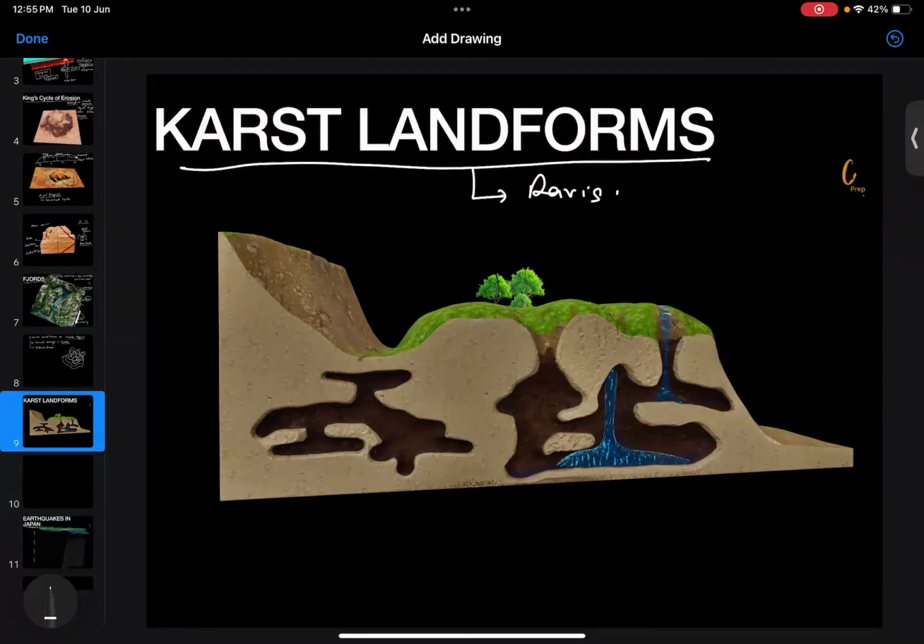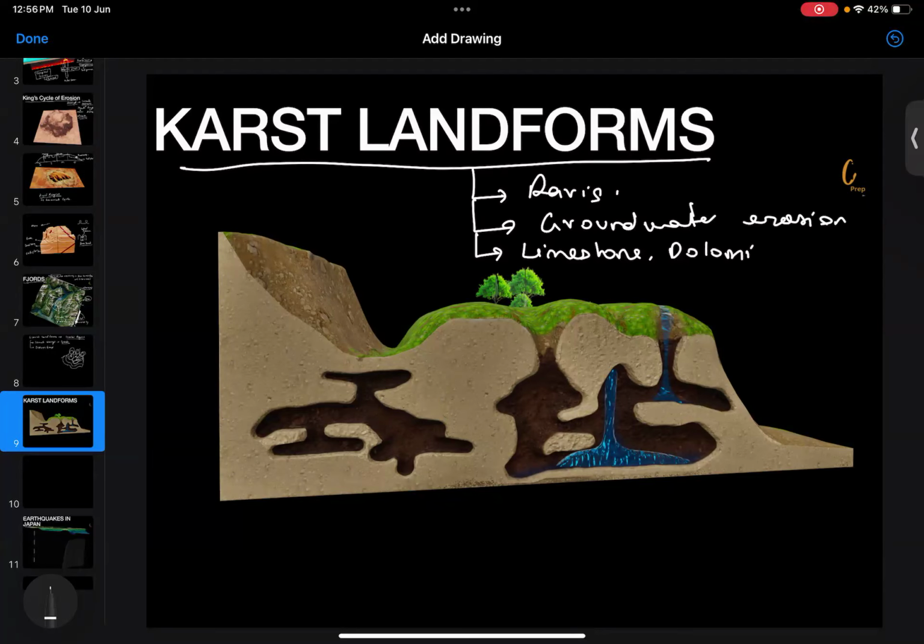Now this karst landform is dominated by groundwater or groundwater erosion. Such kinds of landforms are developed in limestone, dolomite, cavern. Okay, so these are different rock types where we see the development of karst landforms.